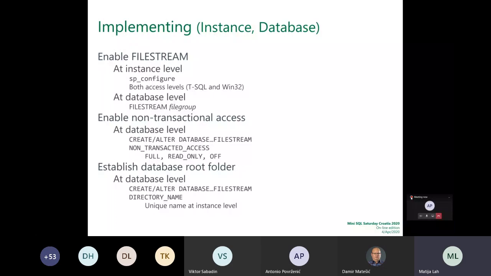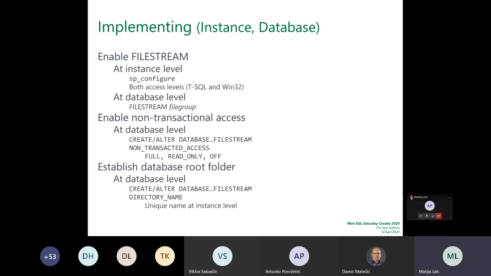To implement the Filetable, you need to do this on 3 different levels. First of all, you need to enable the file stream at the instance level, which you can do with the system procedure sp_configure. And you need to enable both access levels, through Transact-SQL and through the Win32 access level, which actually exposes the data in the table into the file system.